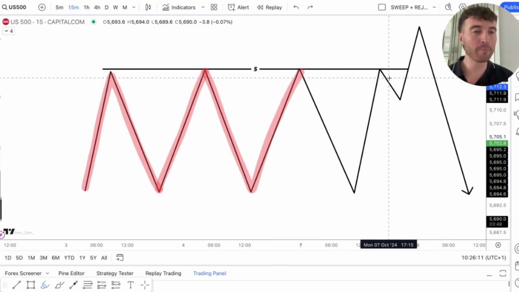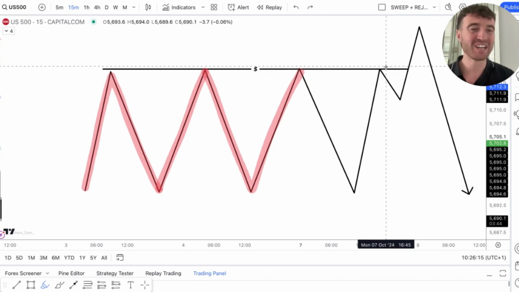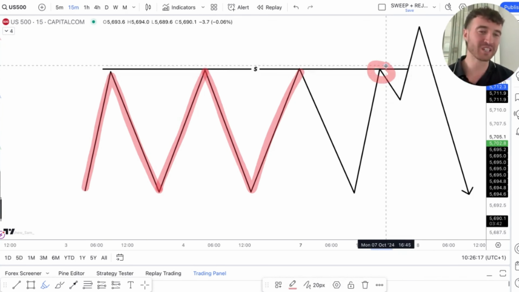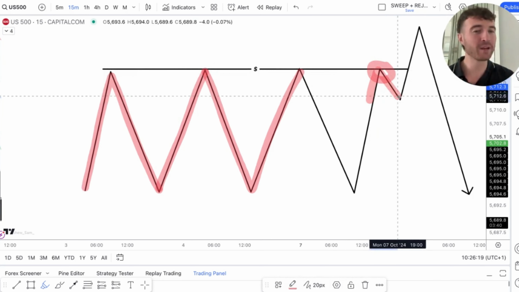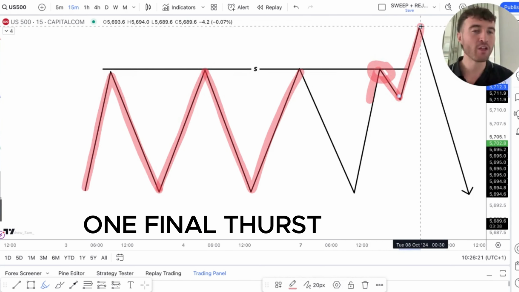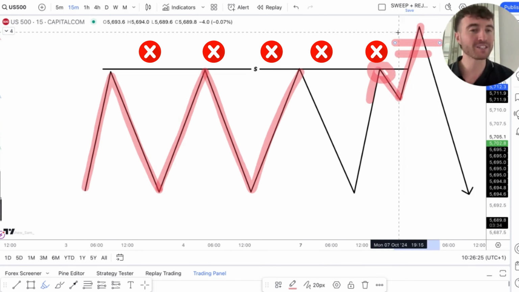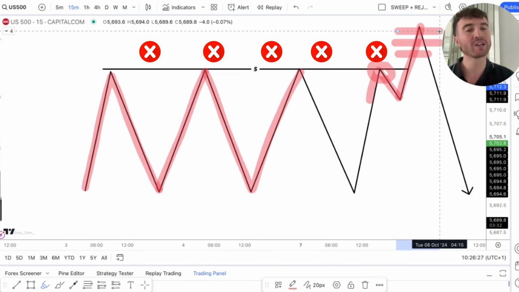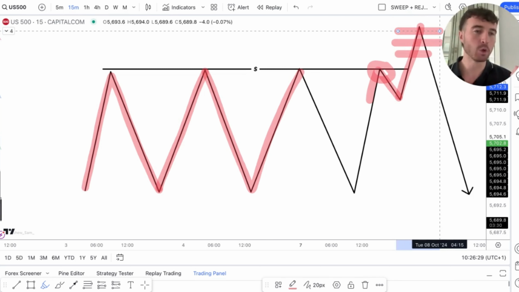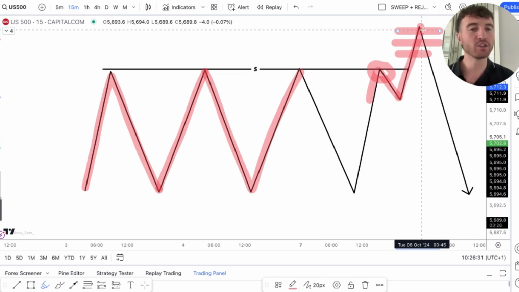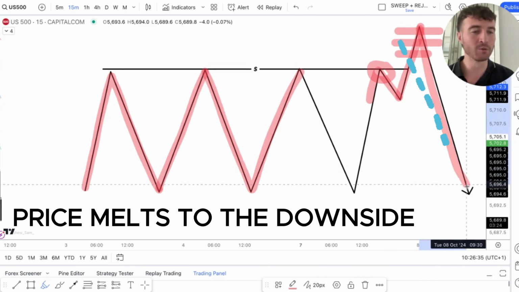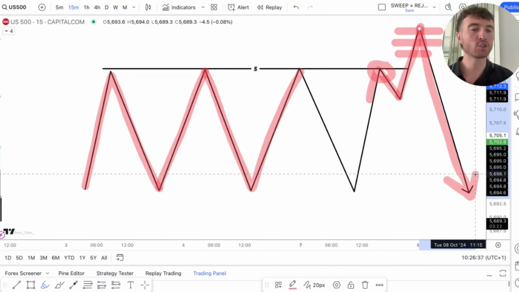I'm sure you've seen this many times: you short off resistance, you get one final thrust to the upside, running all of this buy side liquidity, which is resting above these equal highs. Then you get stopped out, and price melts to the downside for the trend continuation play.